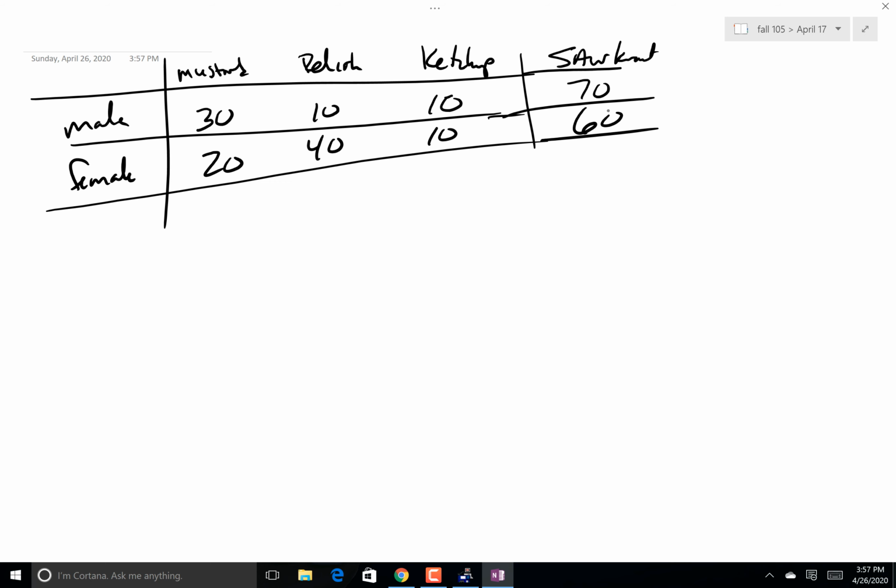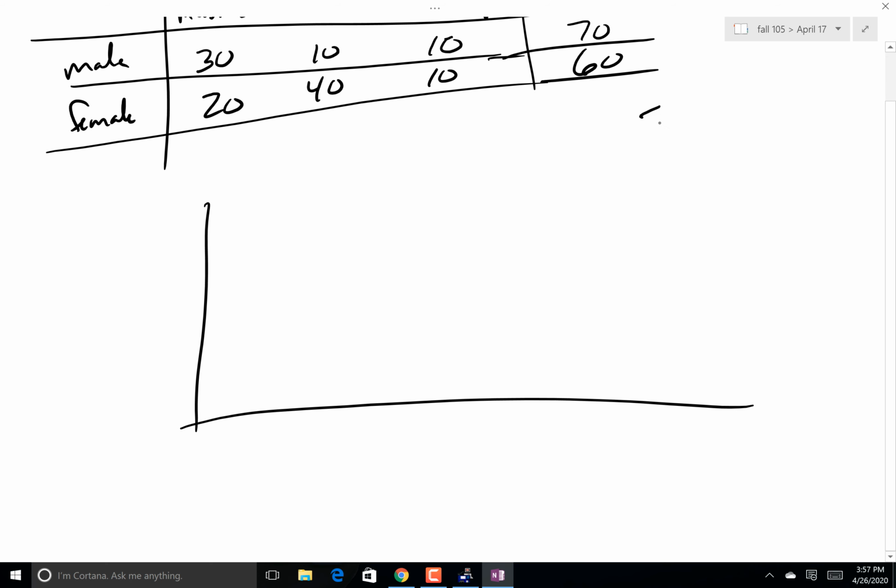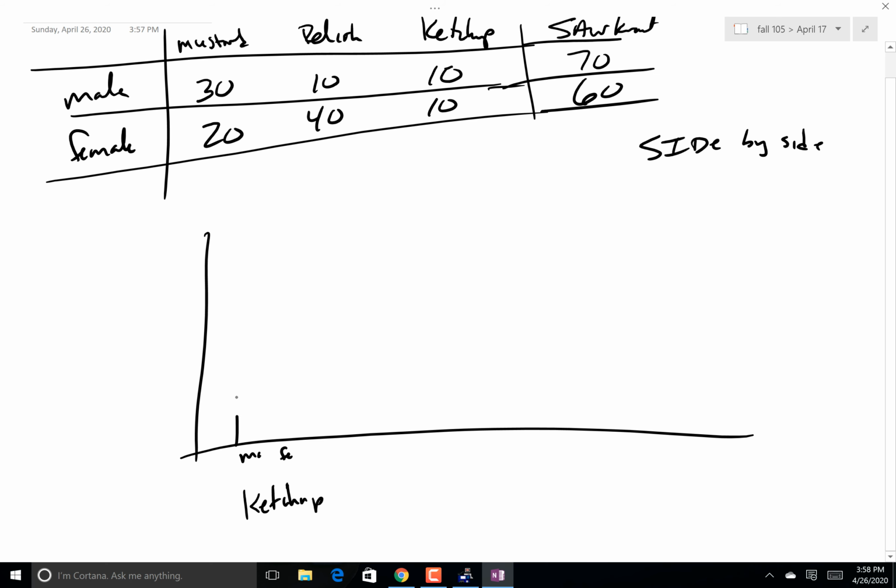Then what you could do, because we have both a row and a column label, is you can do what's called a side-by-side column graph or column chart. And so what I can do then is have mustard, and then of course I'd have male and female, and then I could have 30 and 20.